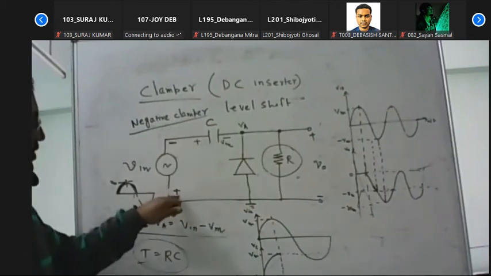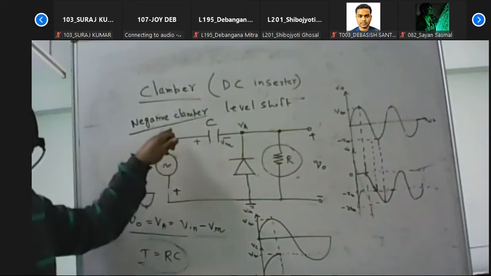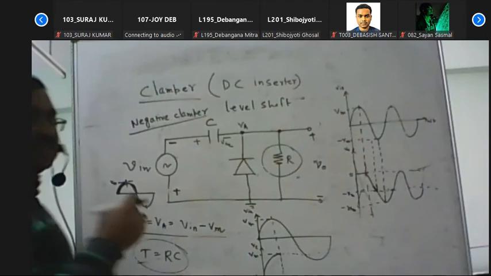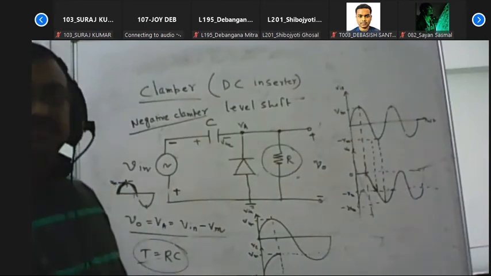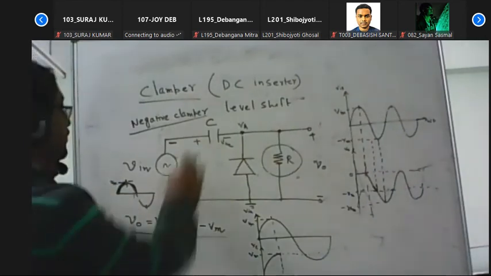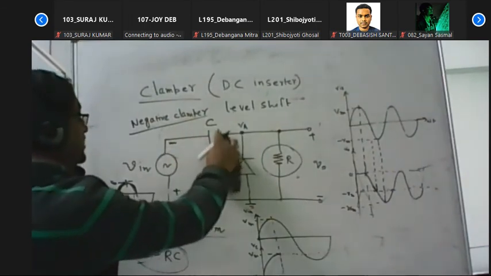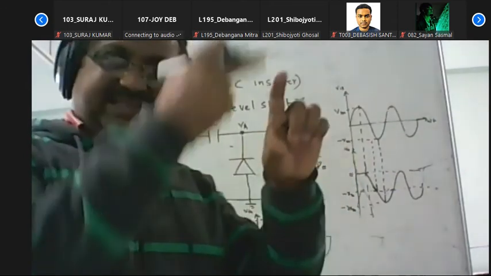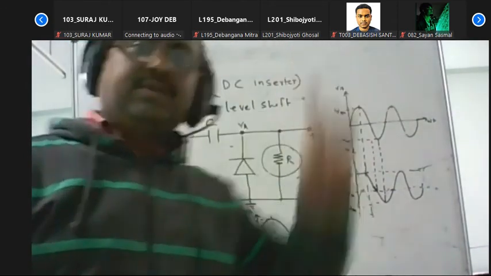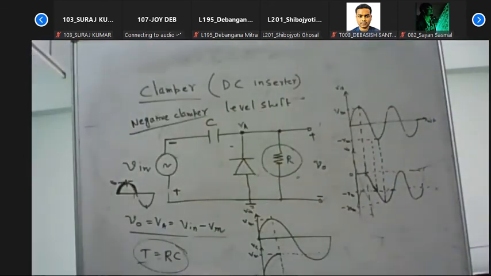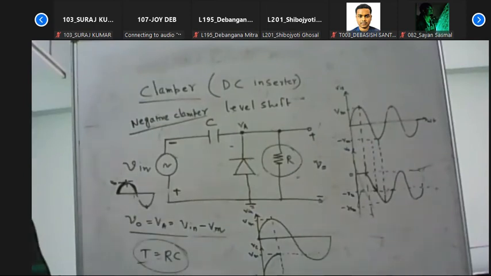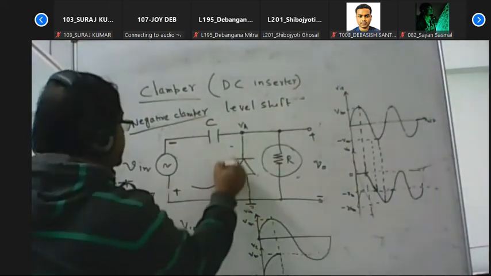At that moment, the capacitor starts charging and it will be charged up to the maximum amplitude, that is minus Vm. The shift is negative, but it is the maximum amplitude. So it will be charged in that way.